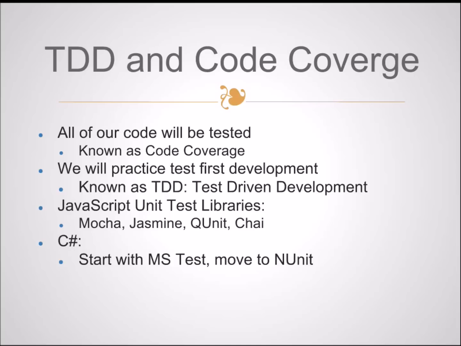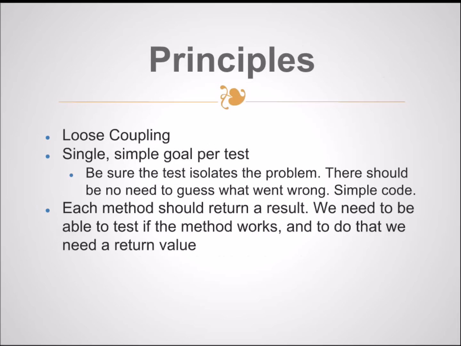So the unit test libraries tell us whether our code succeeded or failed. What Chai can do is tell us whether the particular result from a function is as expected. Did it produce what it should have produced? And we'll talk about that later. But it's a nice little add-on, which gives more flexibility to the Mocha library.